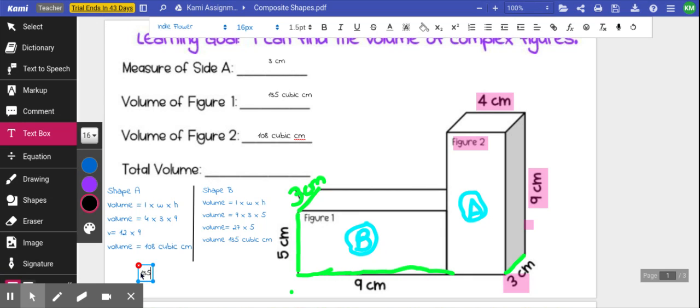Shape B was 135 plus shape A, which was 108. We can add 135 plus 108, and we have a volume of 243 cubic centimeters. And we'll go ahead and write that into the total volume.